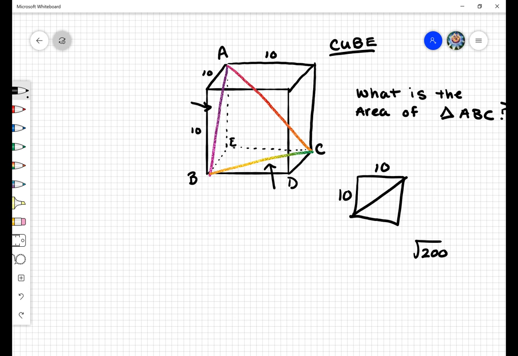Don't mind my not making sense. So line BC is the square root of 200, or 10 square root 2, making this a 45, 45, 90 triangle.